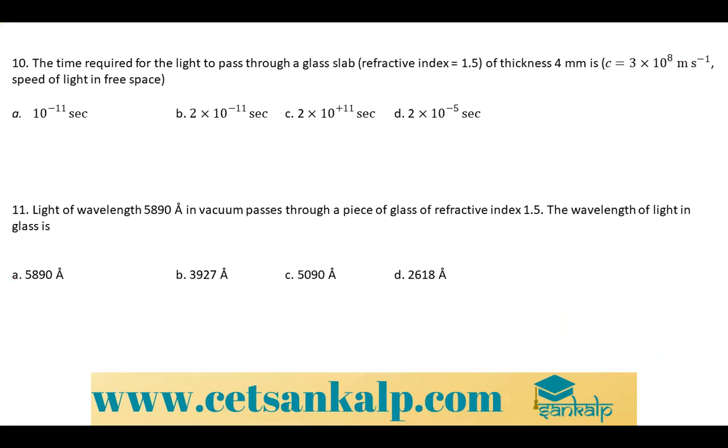Next problem, look. Time required for the light to pass through a glass slab. The time required for the light to pass through a glass slab of thickness 4 mm is. So we need to find the time. The speed of light in the glass slab is not given, so let's find it first.